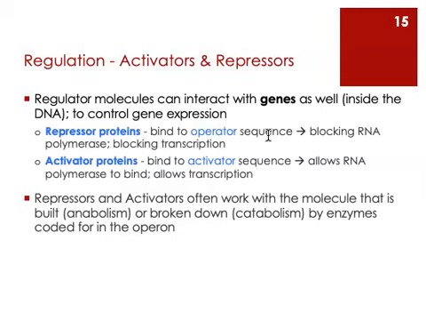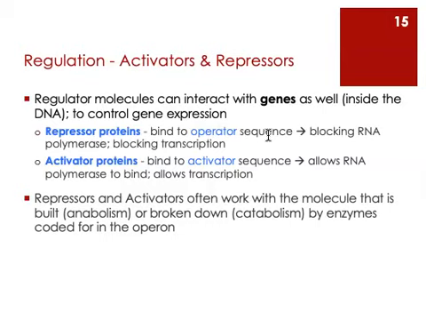So when they come in and they bind to these operator sites, they are going to physically block the ability of RNA polymerase to come in and land on the promoter and start transcription. Repressor proteins bind to operator sites and block the RNA polymerase enzyme from being able to transcribe a gene.